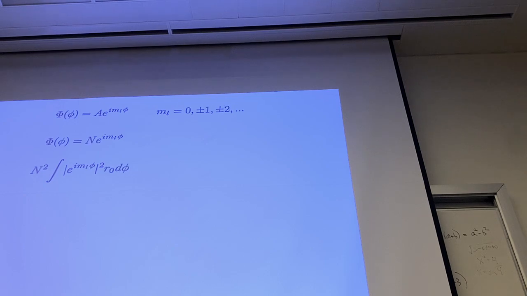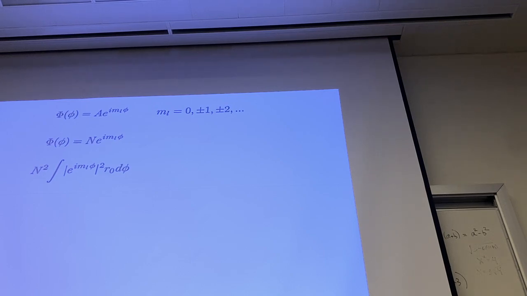So you integrate over phi because that's a changing variable, but r is still there because the larger r is, the larger the ring, and so the longer the path. So that r has to be there.